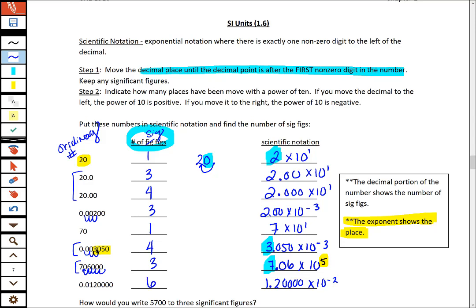So the number of significant figures that you have when you are writing an ordinary number needs to translate over into scientific notation. What I mean by that is if I have 3 significant figures written in my ordinary number, I better darn well keep 3 significant figures when I write it in scientific notation.